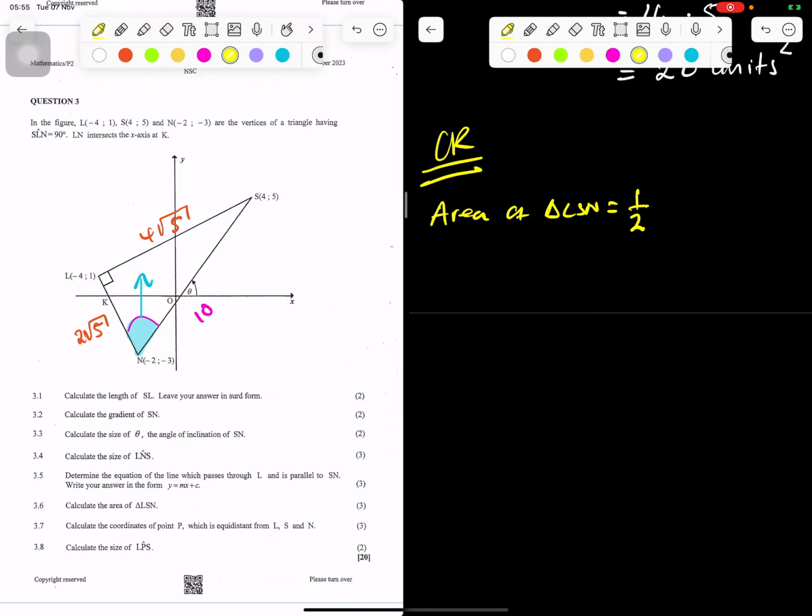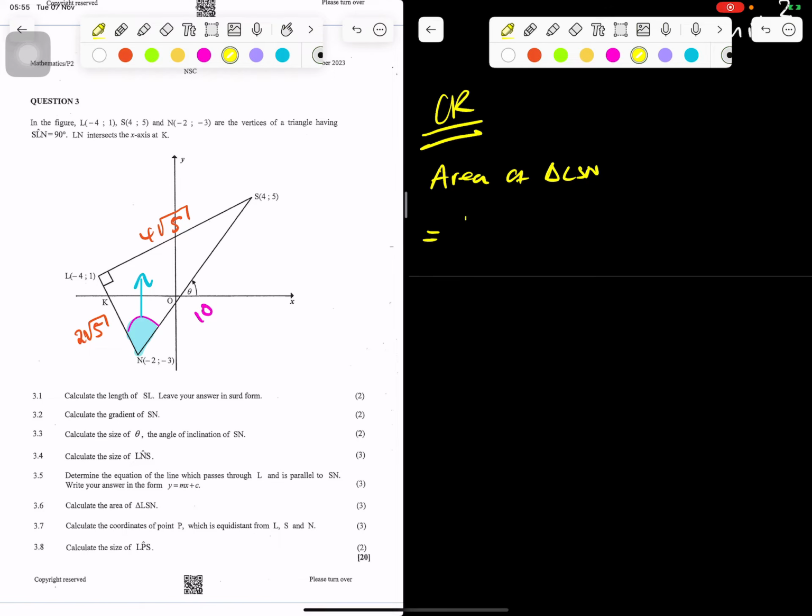In this case, it has to be LN, and that is 2 square root of 5. So it's going to be 1 over 2 multiplied by LN multiplied by SN, multiplied by the sine of the included angle. In this case, it's LNS as what we found in 3.4.